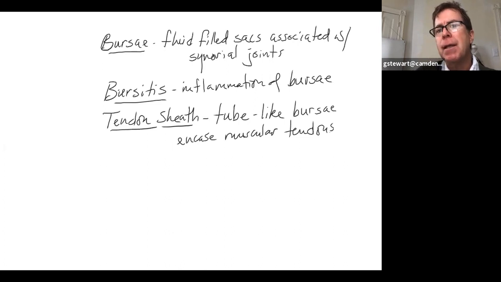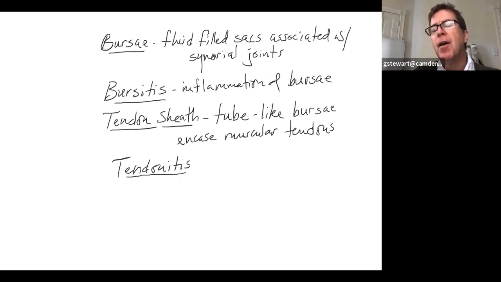And the term tendinitis literally translates to inflammation of the tendon. More often than not, though, tendinitis is an inflammation of the tendon sheath.